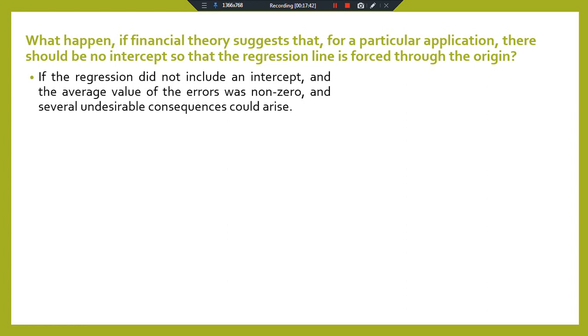If you are not including the intercept or constant term in your regression model, then your error is non-zero, and these types of undesirable consequences will arise.